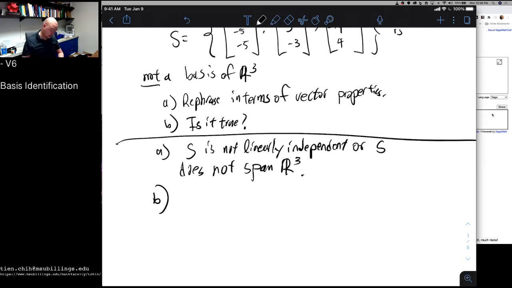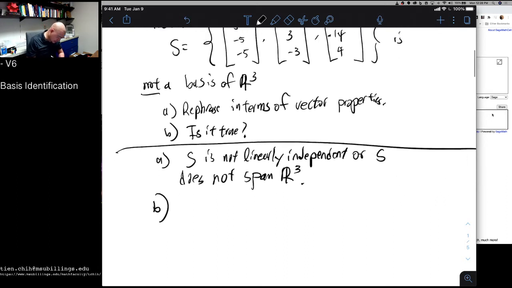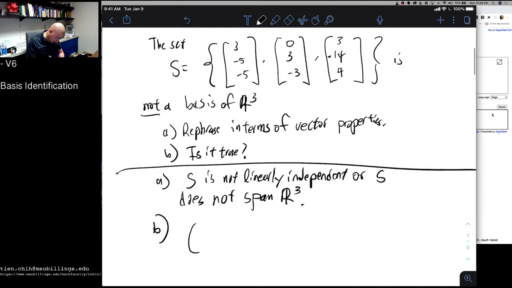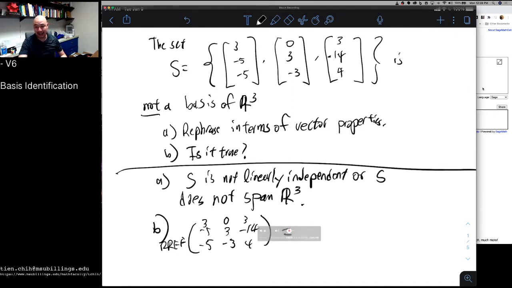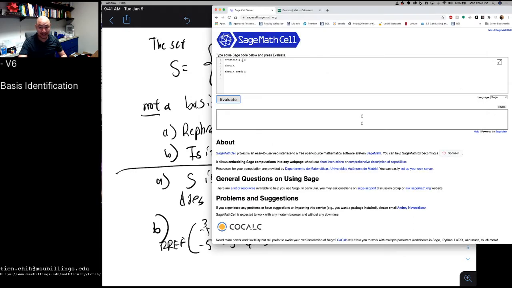If in fact they don't hold, we need to write out the matrix form of our vectors. So let's pop in 3, -5, -5, 0, 3, -3, 3, -14, 4. And as usual, we want to find the reduced row echelon form of this matrix.